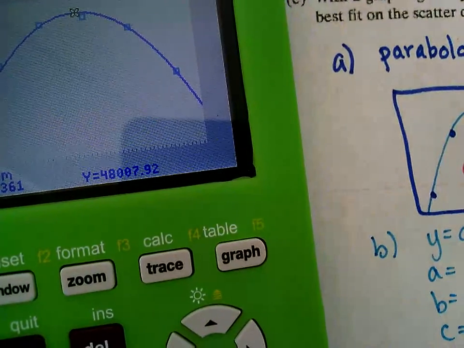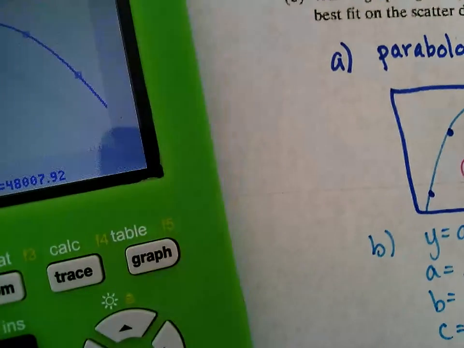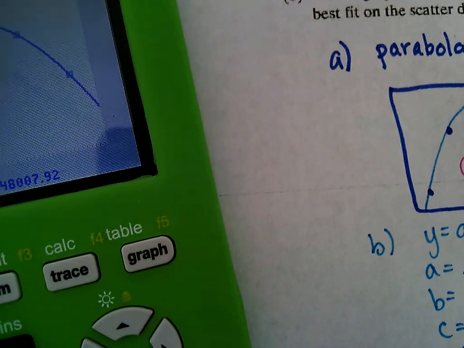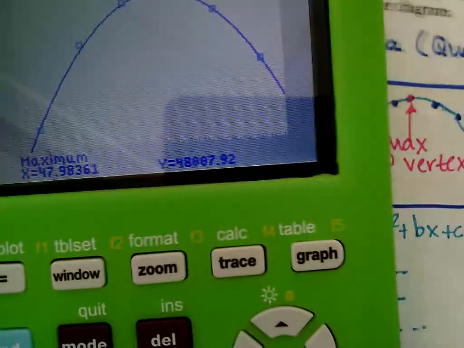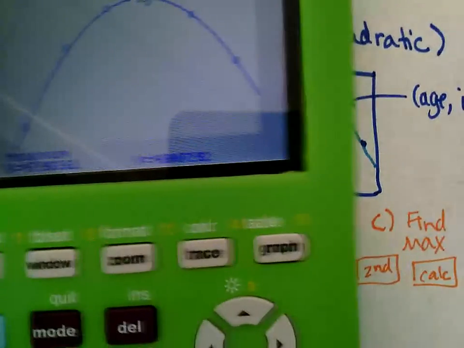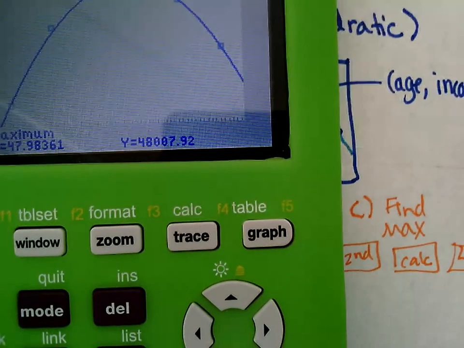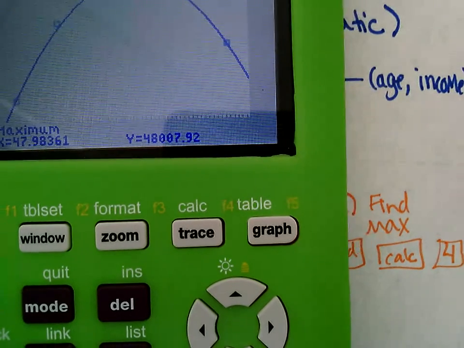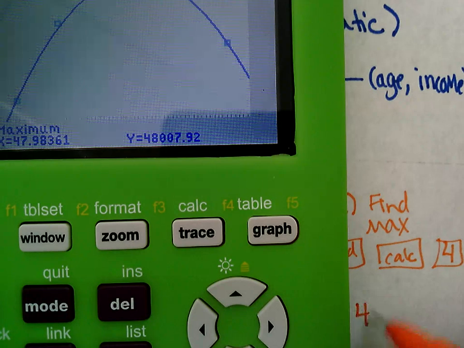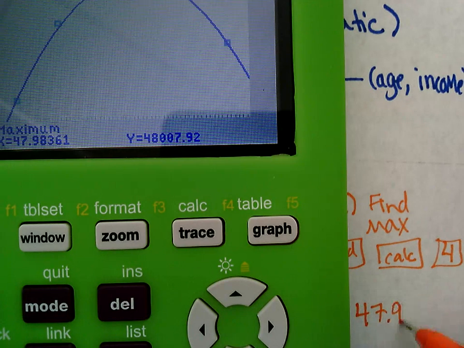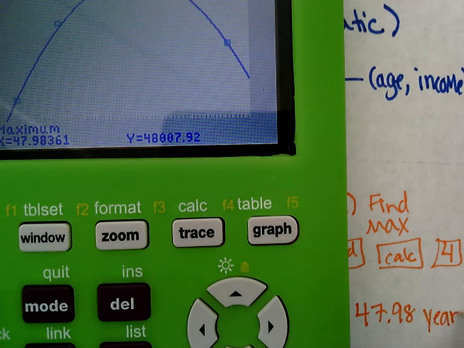The question that's asked is, C asks what age, and D asks what is the peak income. So for C, they're wanting the age, which we remember is the x coordinate. So for part C, the age would be 47.98 years old.